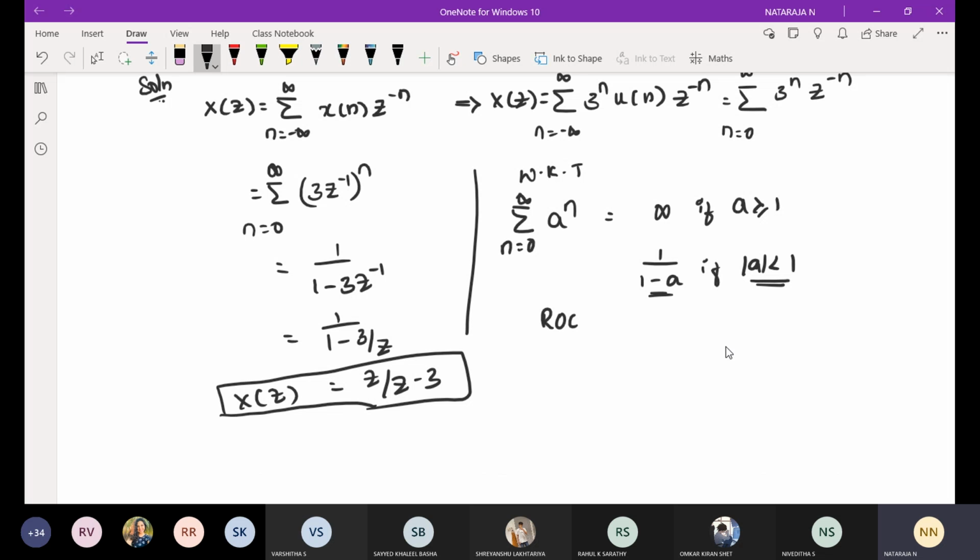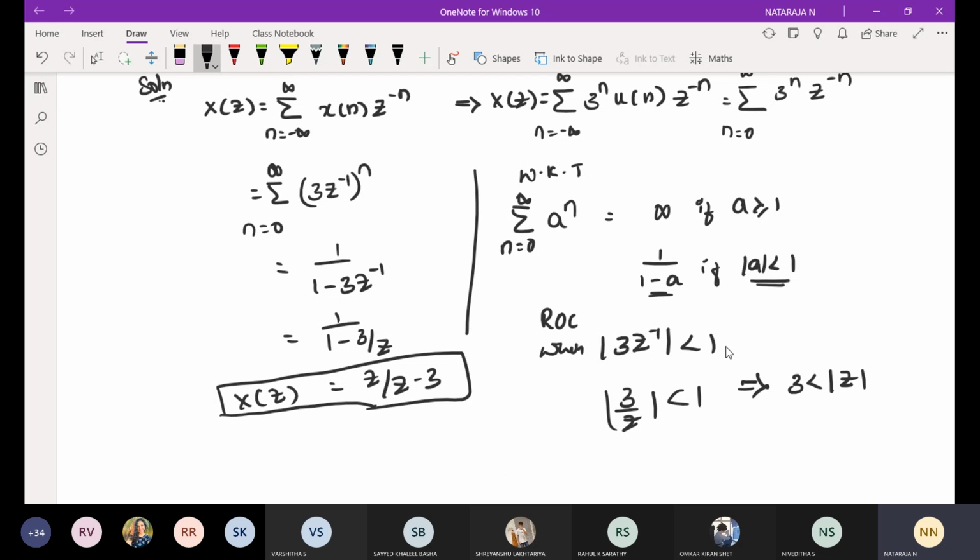The ROC is where the magnitude of 3z inverse will be less than 1. So I can write 3 by z magnitude will be less than 1, or again I can write 3 less than magnitude of z.